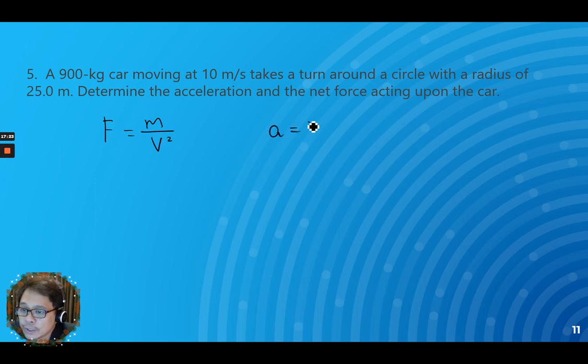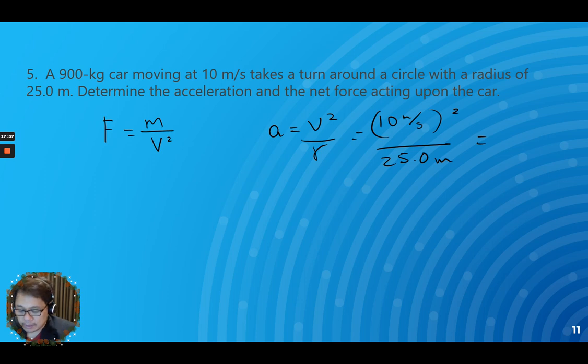But for the acceleration, it would be v squared over r. The v is 10 meters per second, then we square it. The radius is 25.0 meters. So this would give us 10 squared divided by 25. So the centripetal acceleration is 4 meters per second squared.